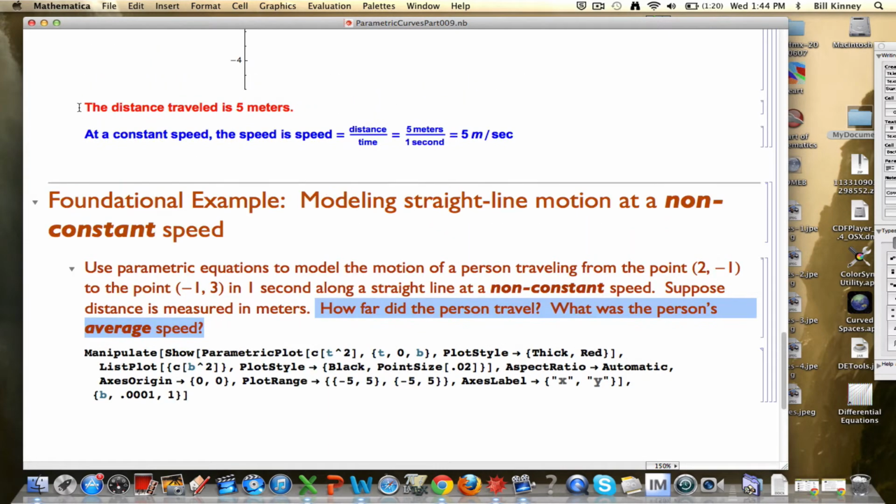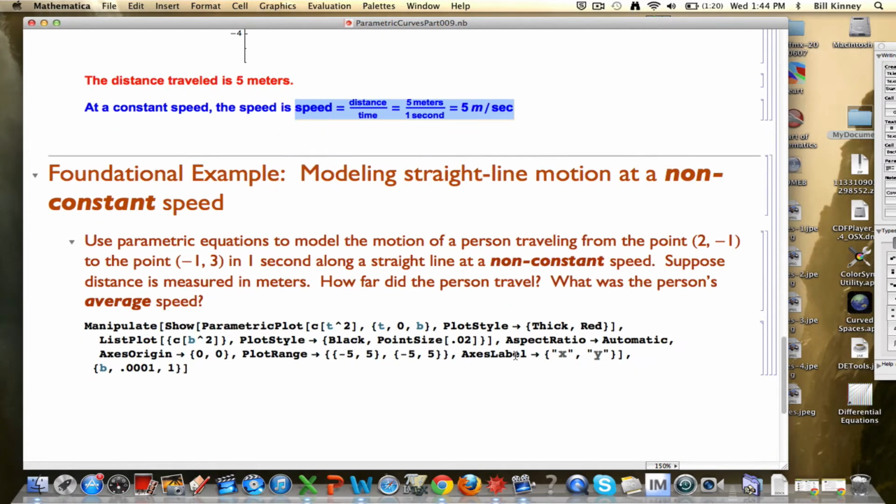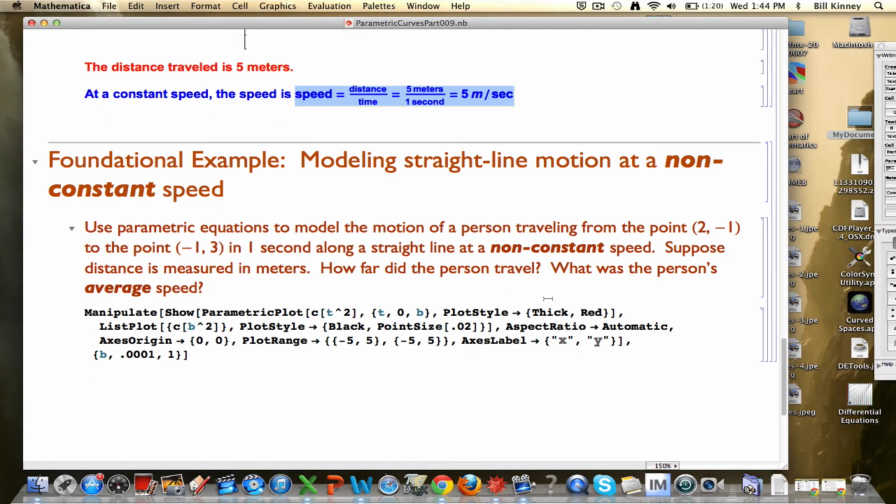They were the same as the answers for the constant speed case. The distance between these 2 points was 5 meters. That was the distance traveled still in the second example. And the speed in the constant speed case is just distance divided by time. In the non-constant speed case, it's the same. It's still 5 meters per second, but now you interpret that as an average speed instead of a constant speed.